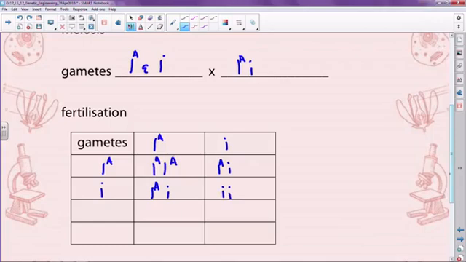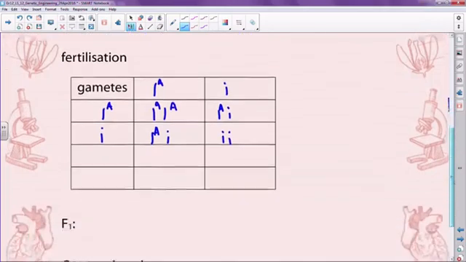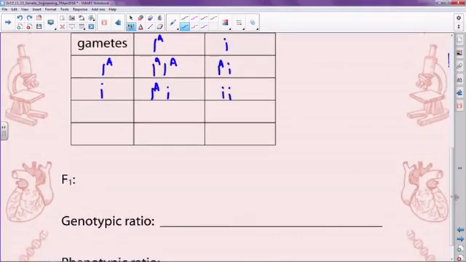So what is the ratio? If we have a look at it, we always put our ratios in. Okay, 75%. Oh no, this is the genotype.